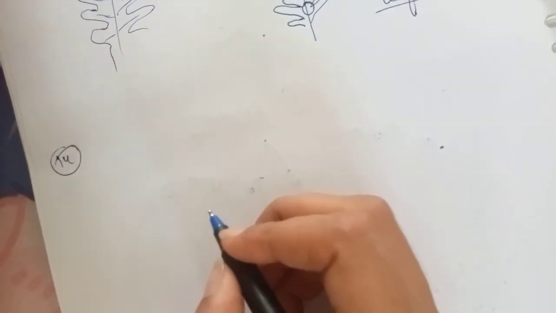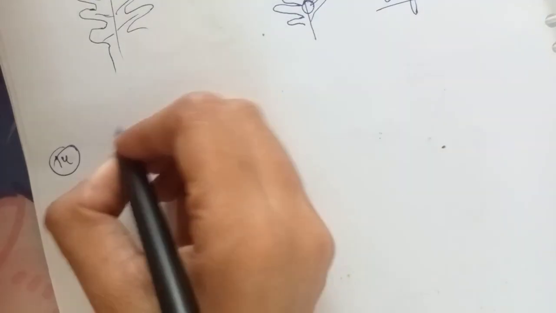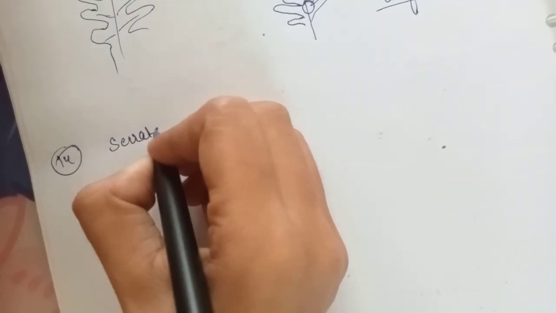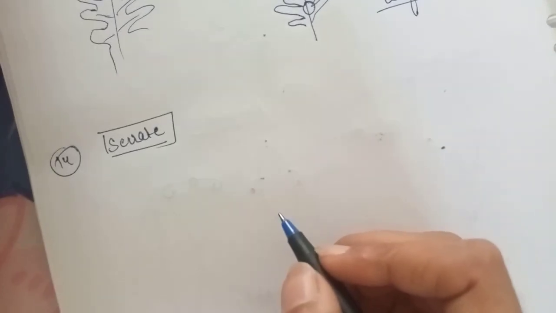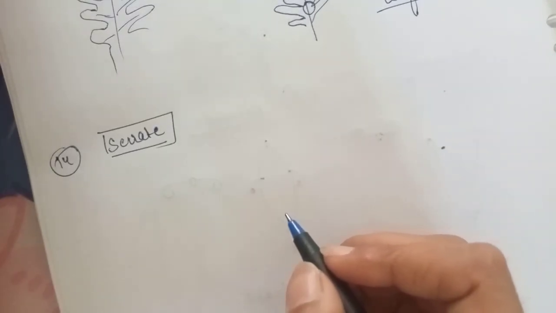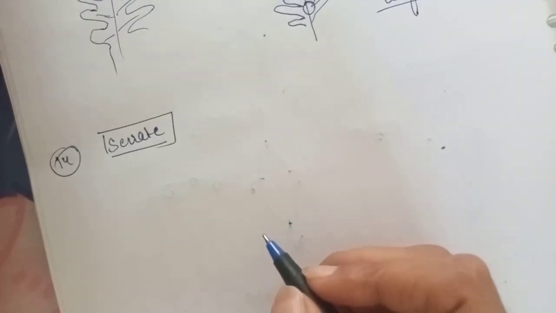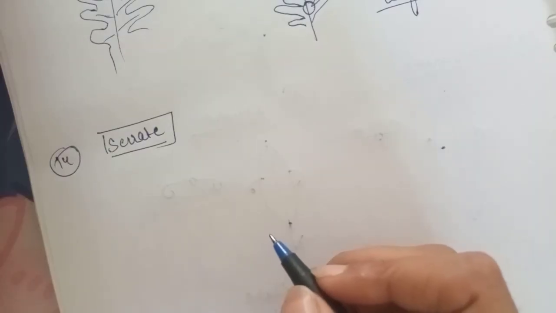We have our 14th kind of margin of the leaf, that is serrated. I hope the terminologies dentate and denticulate are clear, and serrated is one of the most common terminologies we come across.